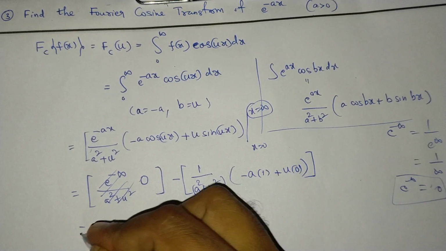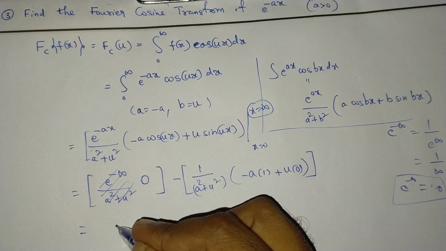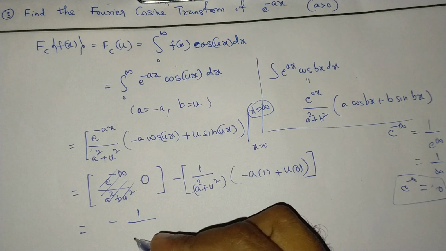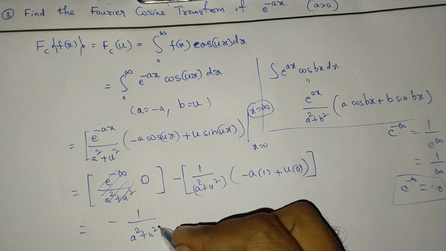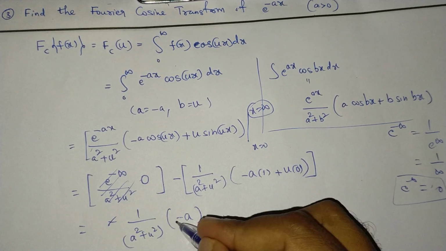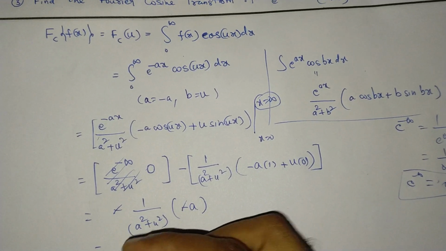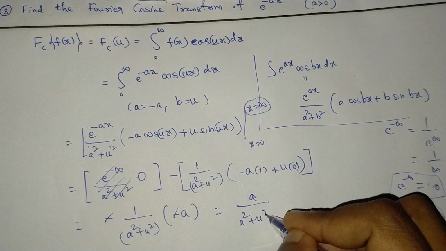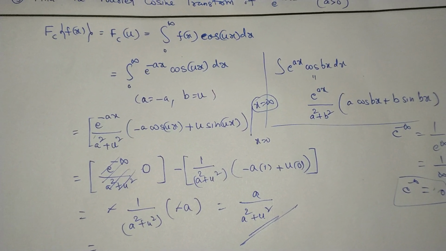So it is minus 1 divided by a square plus u square into minus a. Minus into minus is plus, so the answer is a divided by a square plus u square.